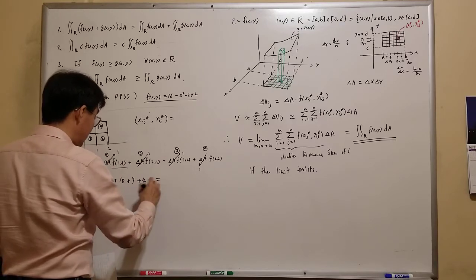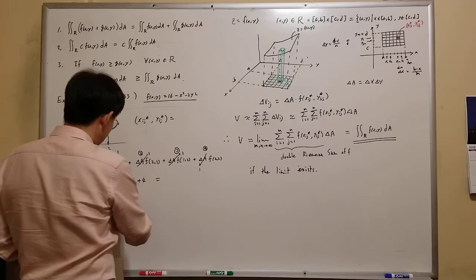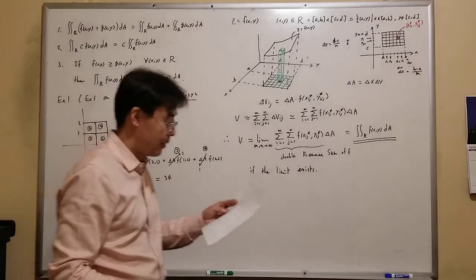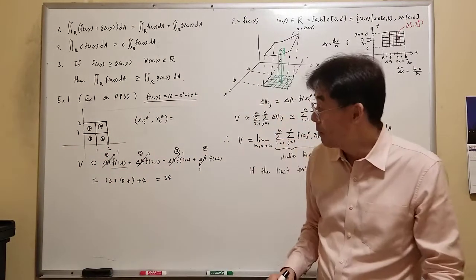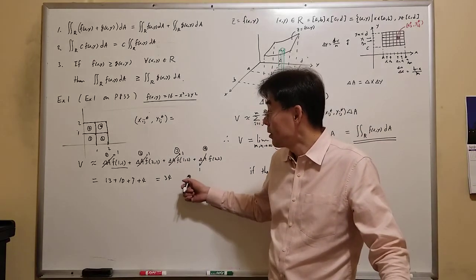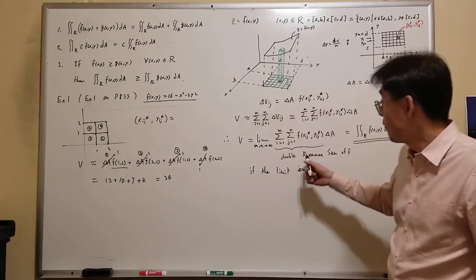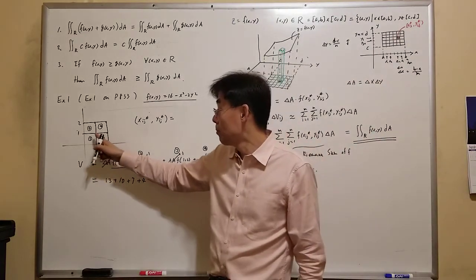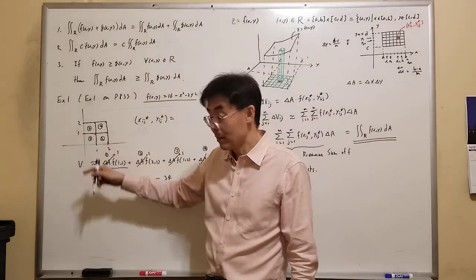Add them up: 13 plus 10 is 23, plus 7 is 30, plus 4 is 34. So you're going to get 34 as the approximate value of the volume. This is a Riemann sum with m equals 2, n equals 2, and choosing the upper right corner.